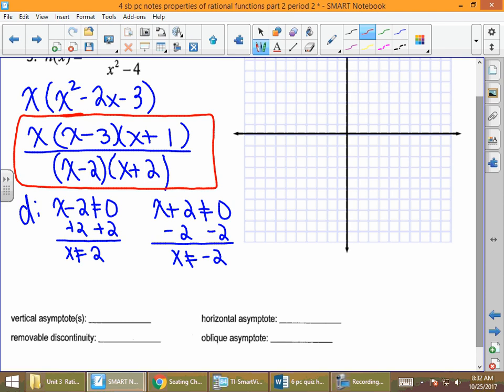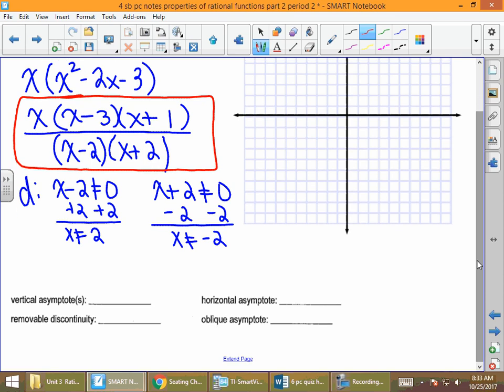We don't have anything to cancel out, which means that our domain and our vertical asymptotes go hand in hand. Our vertical asymptotes are x equals 2 and x equals negative 2, and if you prefer to write x equals plus or minus 2, that's fine.